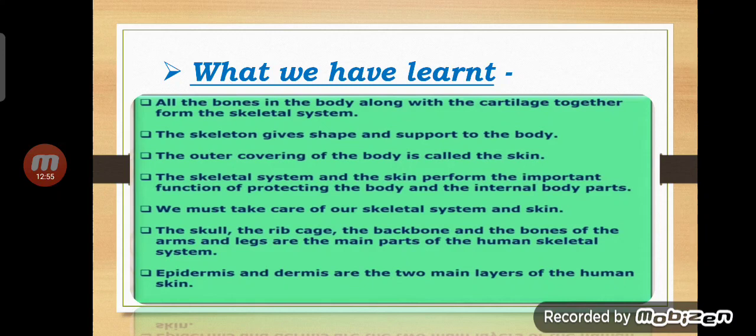Next one, the skeletal system and the skin perform the important function of protecting the body and the internal body parts. Next one, we must take care of our skeletal system and the skin. Next one, the skull, the rib cage, the backbone, and the bones of the arms and legs are the main parts of the human skeletal system. And the last one, epidermis and dermis are the two main layers of the human skin.